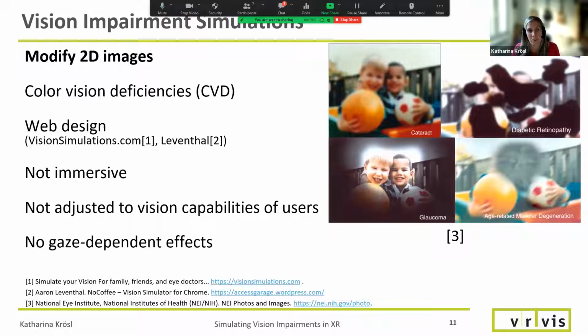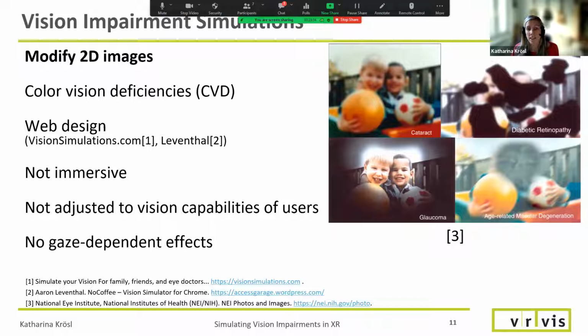But many vision impairments, like the one you can see here in this image, like diabetic retinopathy, affect parts of your visual field. And so these effects move with the gaze of a user. And if we want to have a realistic simulation of vision impairments, we also need to move these effects with the gaze of the user in our simulation.